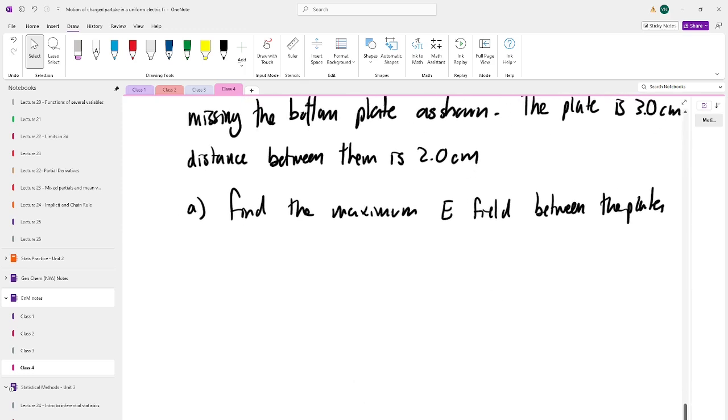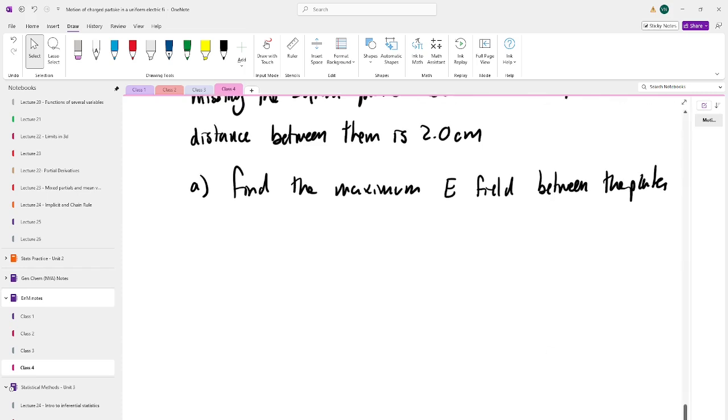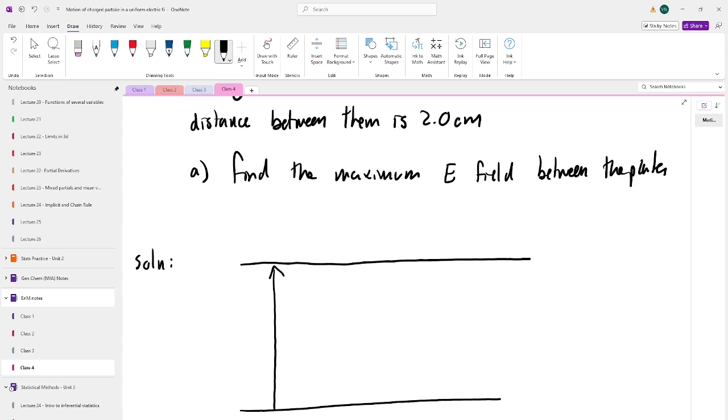Let's illustrate it. So we have, first of all, two plates and we enter on one side. And we have the E field, let's say, going upwards. And it's an electron, right? So we're going to know what kind of motion that electron wants to do in this type of field.